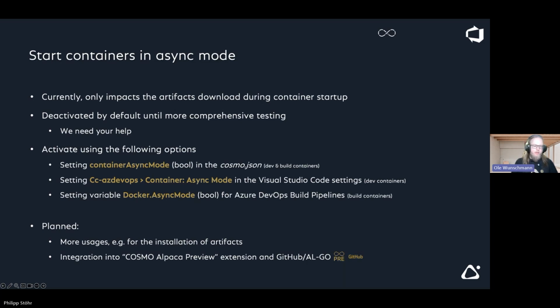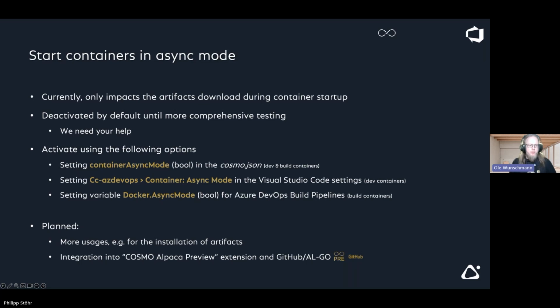You can also set the config container async mode in the Visual Studio Code extension. That will override also the setting for the project. So a user can say how he wants to start a container.